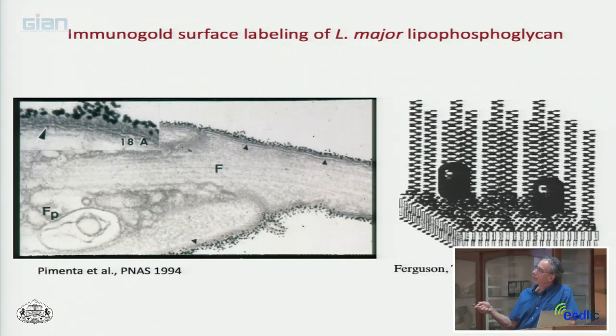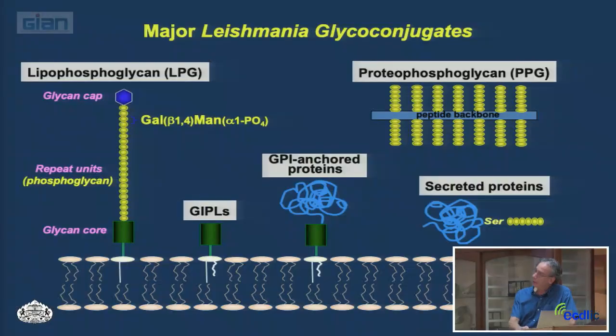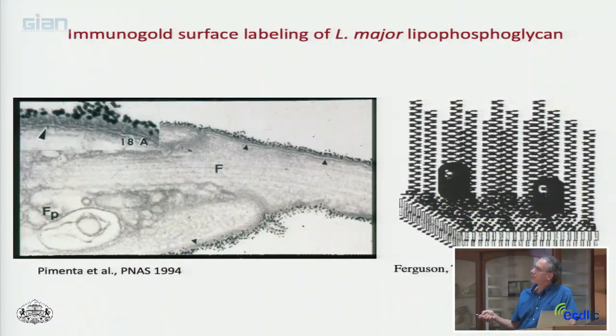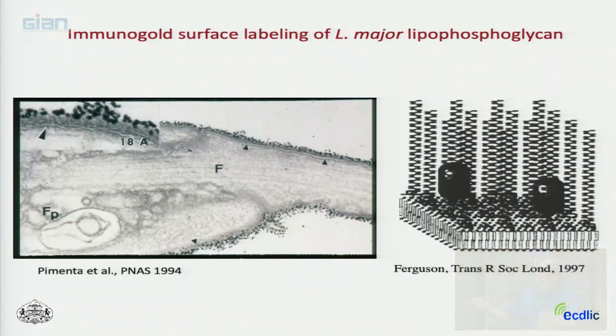So if we look at the surface of Leishmania promastigotes, it's this LPG that is the dominant structure, this structure here. There are between 6 and 10 million LPG structures per cell, and it forms this really impressive coat, a surface glycocalyx structure that surrounds the entire cell, including the flagellum.